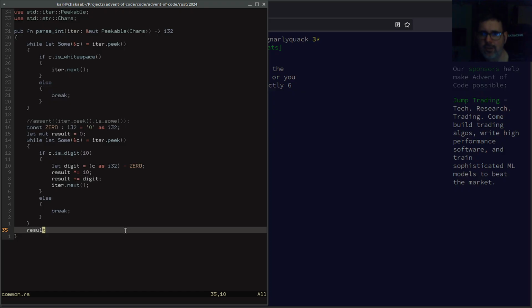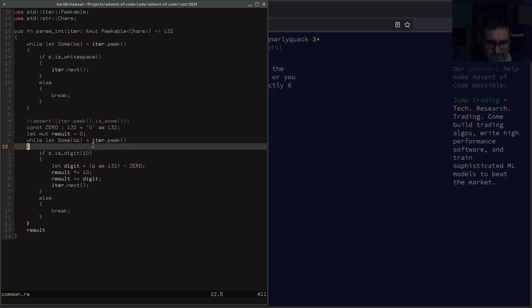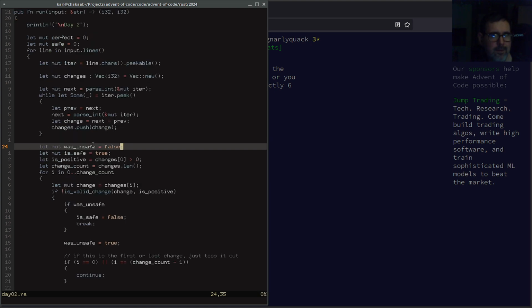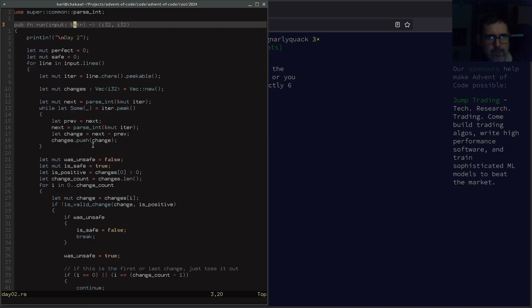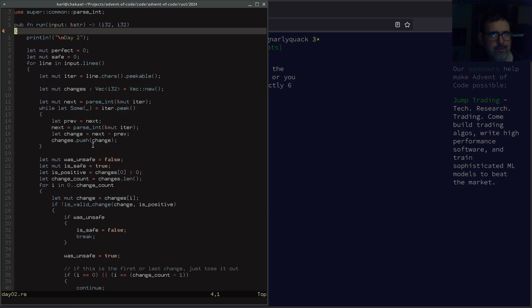I was thinking about changing this from a string to just a slice of bytes, because even though we're getting text inputs, it's going to be ASCII.